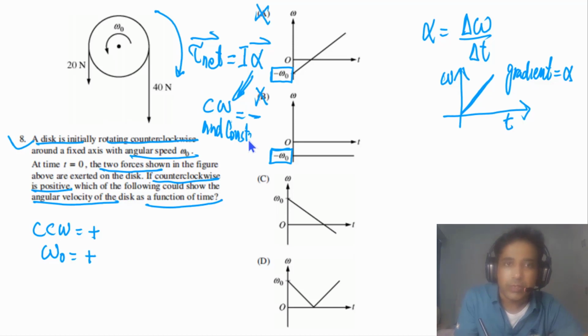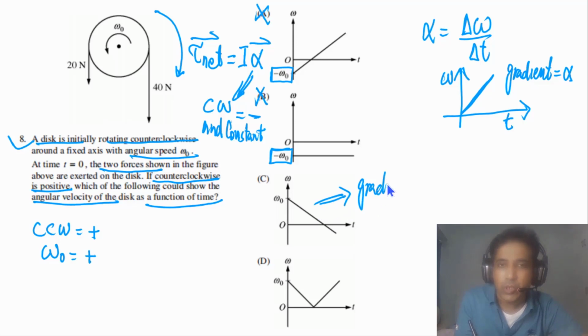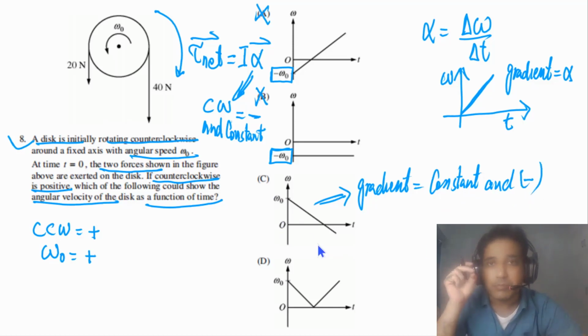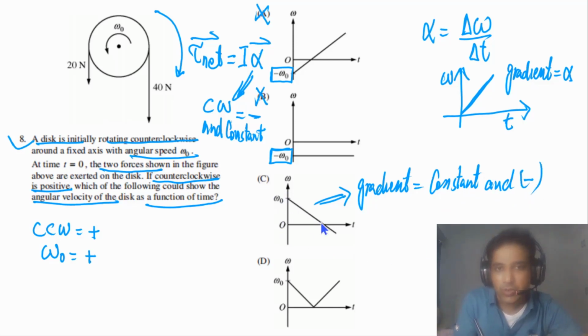So the gradient of the omega against time graph has to be constant and negative. So option C is the best answer because this gradient is constant and this gradient is negative. So the answer for this question is C.